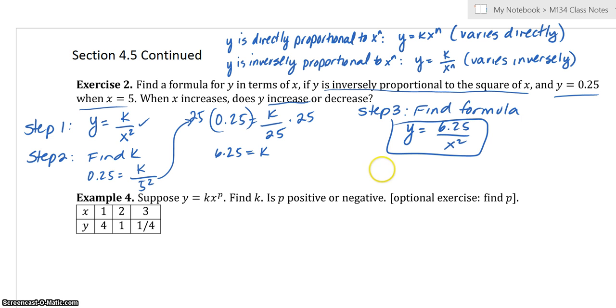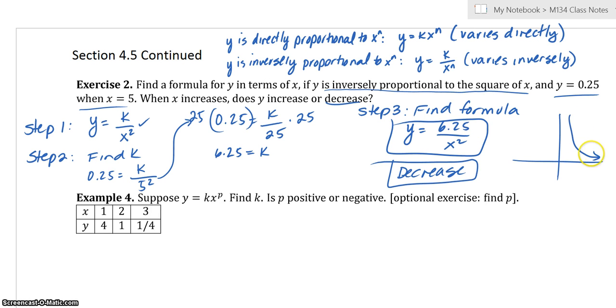And the answer is increase. Oh, inversely, sorry, decrease. I was thinking it was direct, but it's inversely. We know that it is a decrease because the p in our power function is -2, and the graph is going to look something like that if you graph that on your calculator.